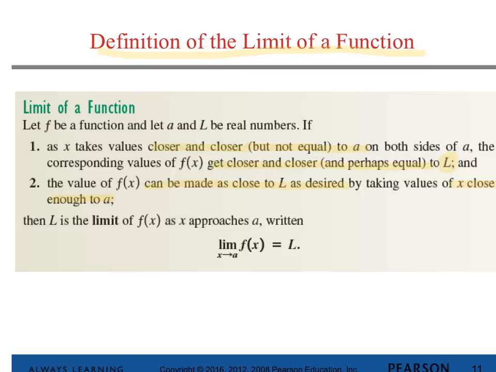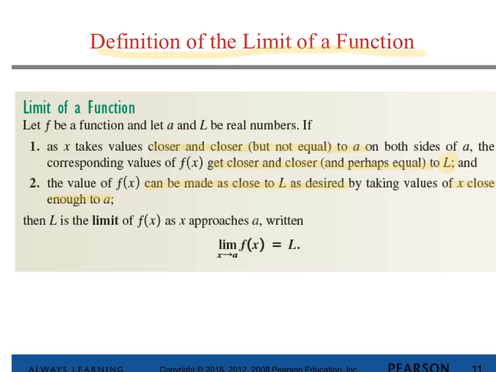And if we get close enough to 3 from either side, 3.1, 3.01, 3.001, 3.0001, 3.00001, closer and closer to 3, then we should get closer and closer to the value of f of x, which is the limit at that number a.